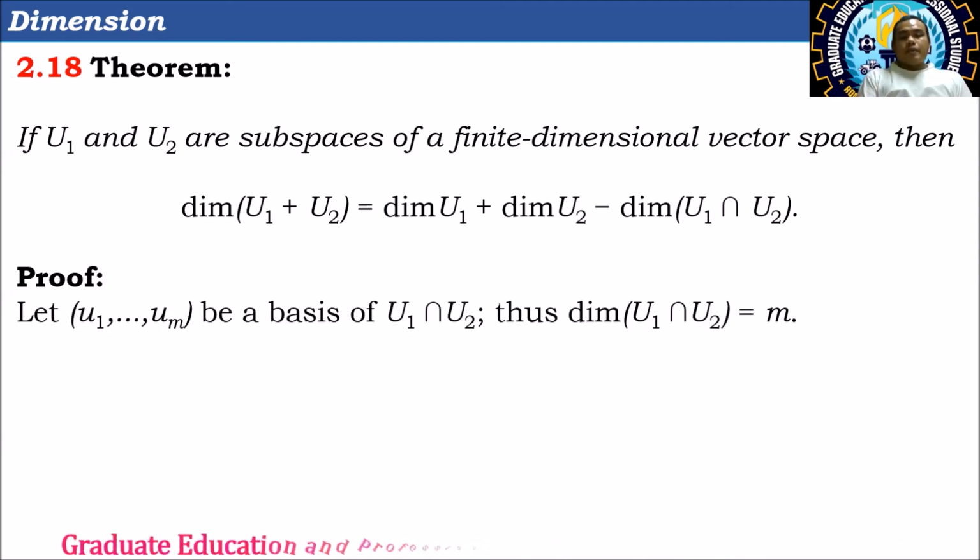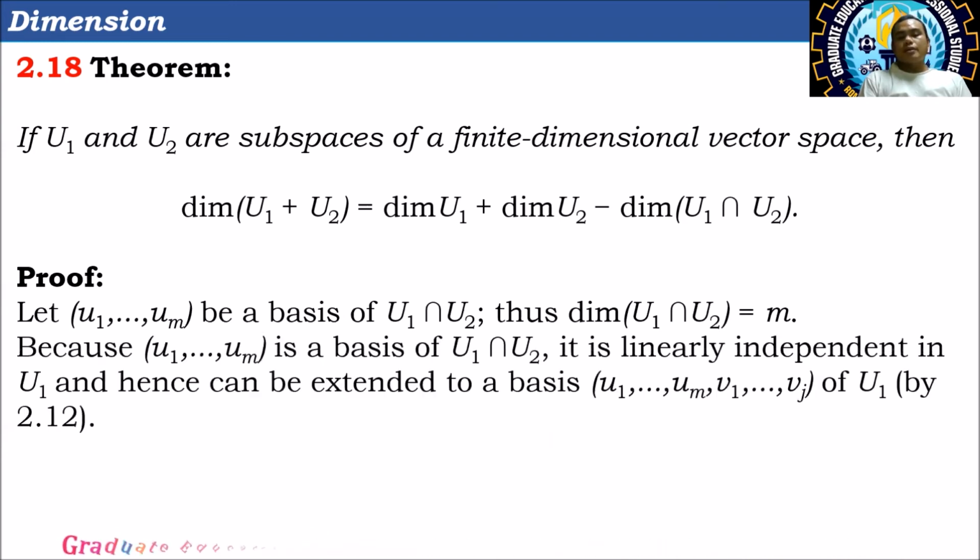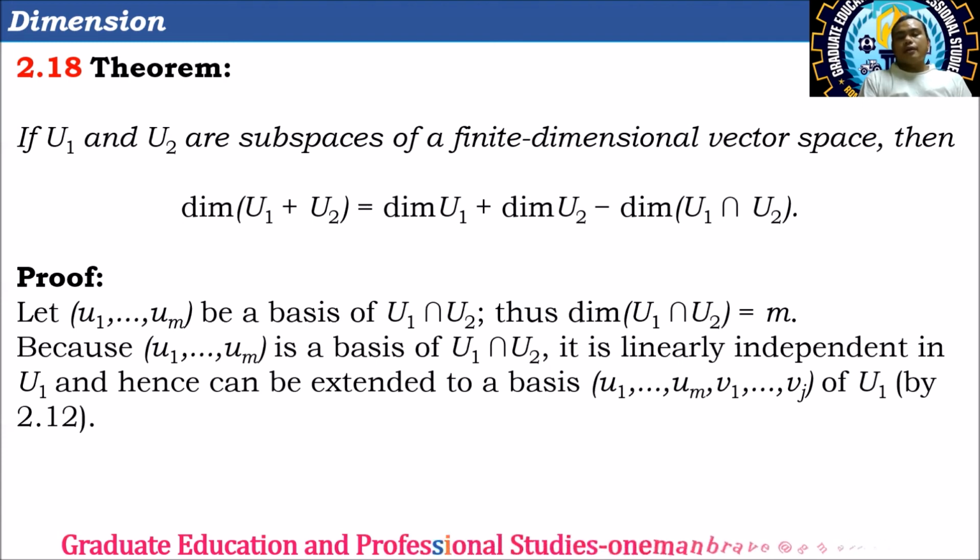Let the u's be a basis of U1 intersection U2. Thus, the dimension of the intersection of U1 and U2 is equal to m. Because the u's are a basis of the intersection, they are linearly independent in U1 and hence can be extended to a basis of U1 by adding v's, as the idea of 2.12 showed us earlier.